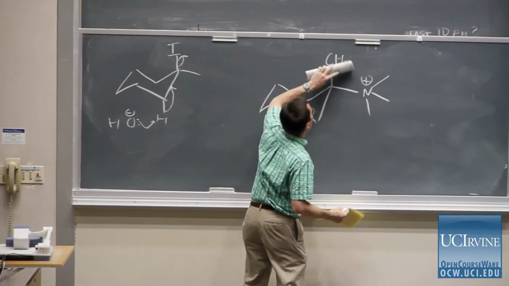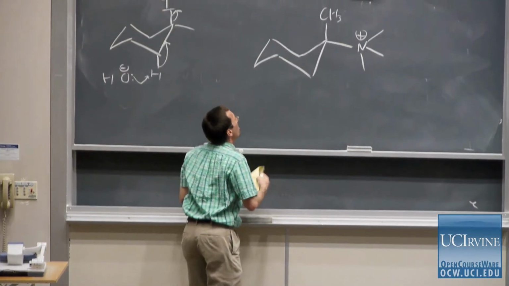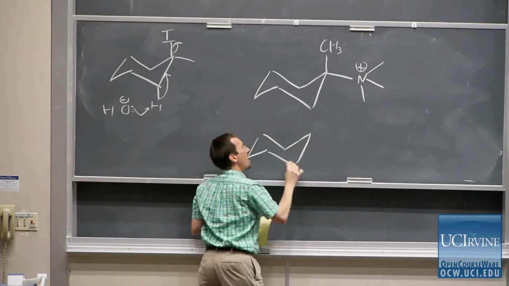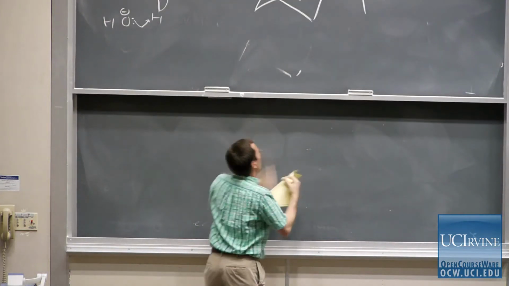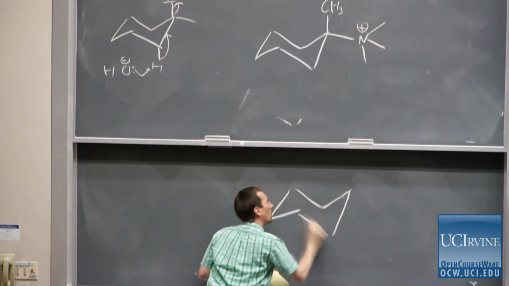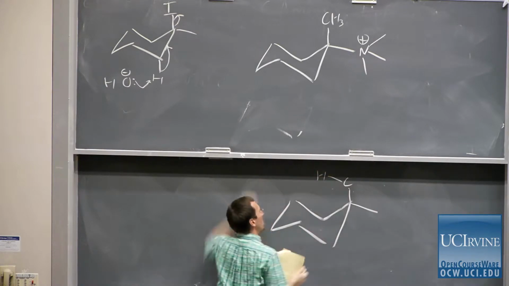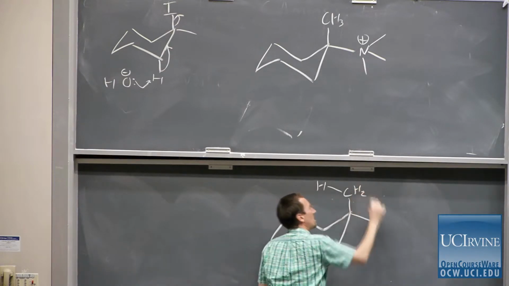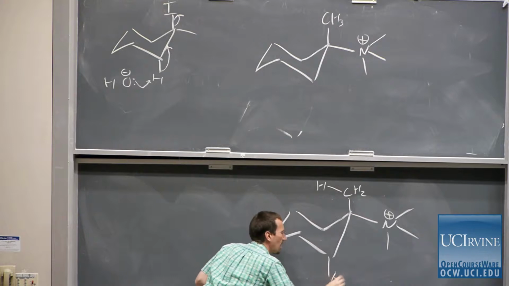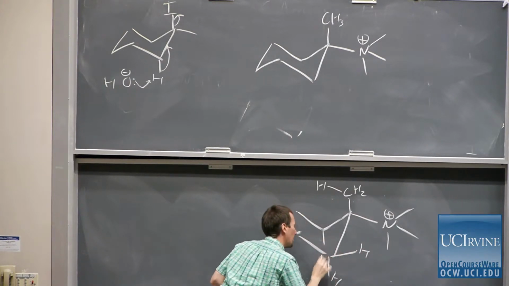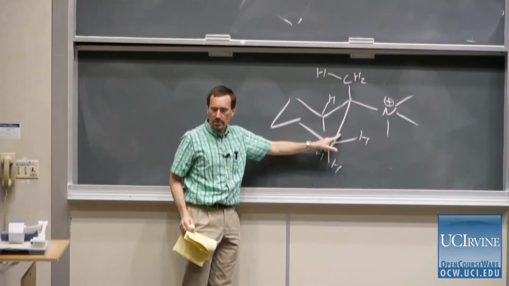Now let me redraw this molecule and draw in the hydrogen. And now think about our elimination. Actually, I'll give it its own blackboard because I want to have a little bit of room here to make my point. All right, so here's our methyl group. We have a hydrogen here and two more hydrogens on it. I'll just write it as CH2. Here's our trimethylammonium group like so. Here are our hydrogens like so and like so, our axial and our equatorial hydrogens.